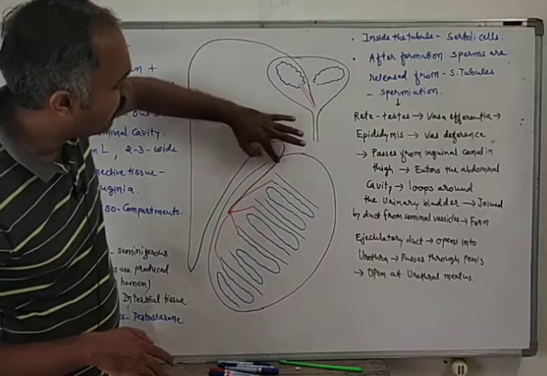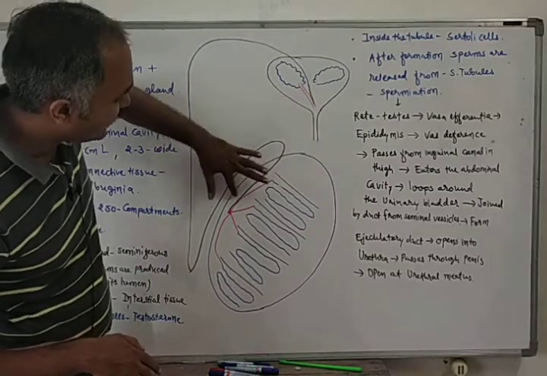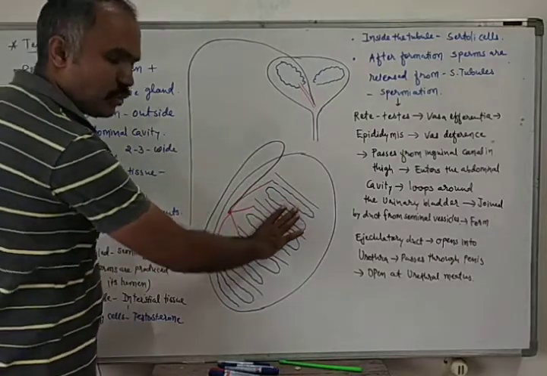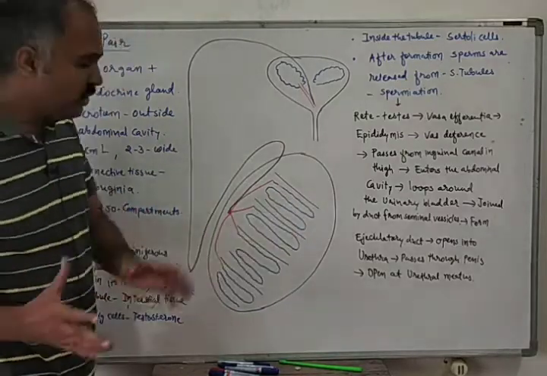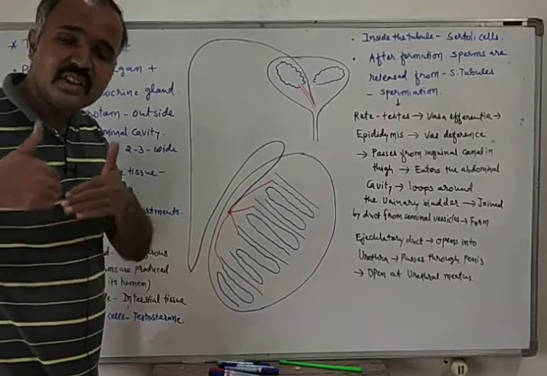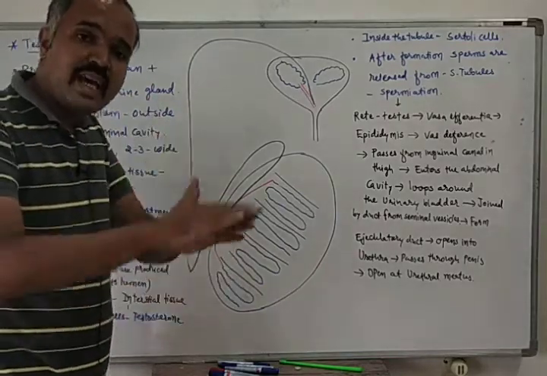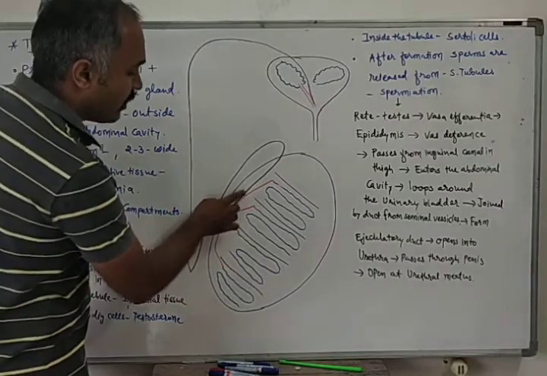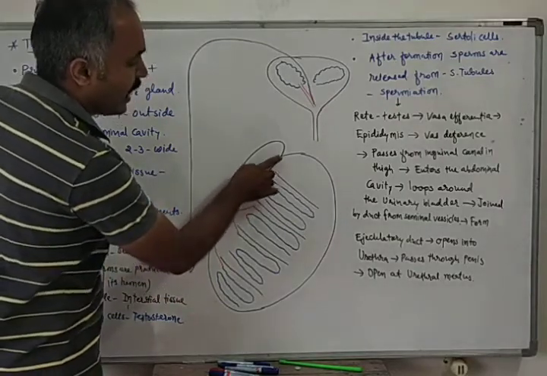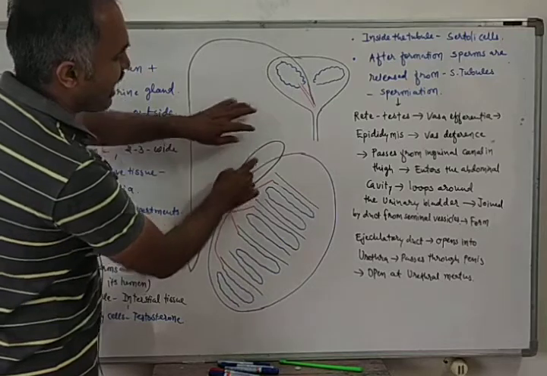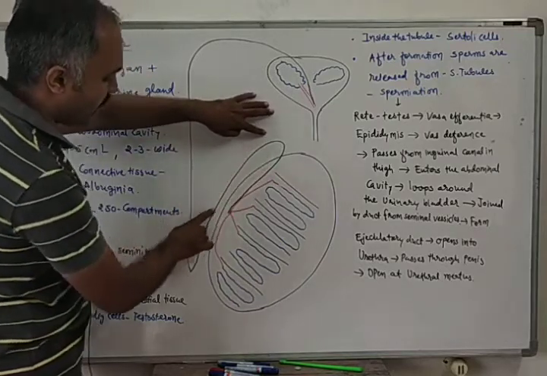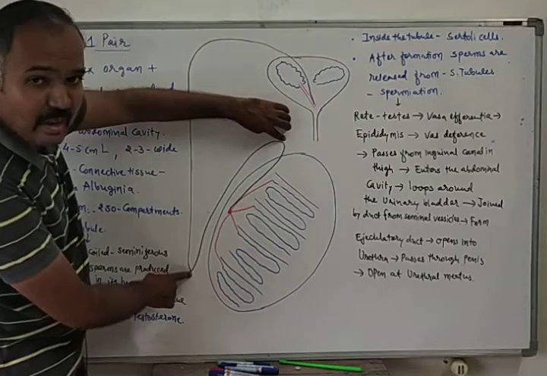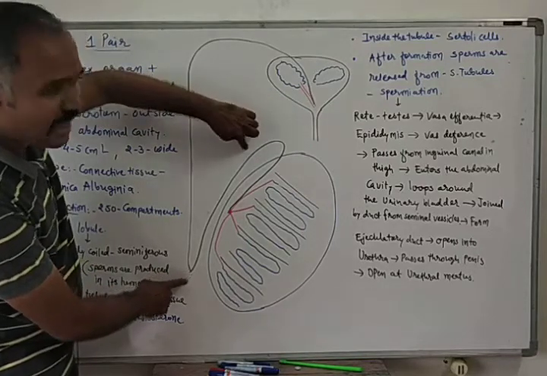So seminiferous tubules are where the sperms are produced, then the sperms are released into the rete testis. From there they go into the vasa efferentia, which comes out and then forms the epididymis. This duct is known as epididymis.